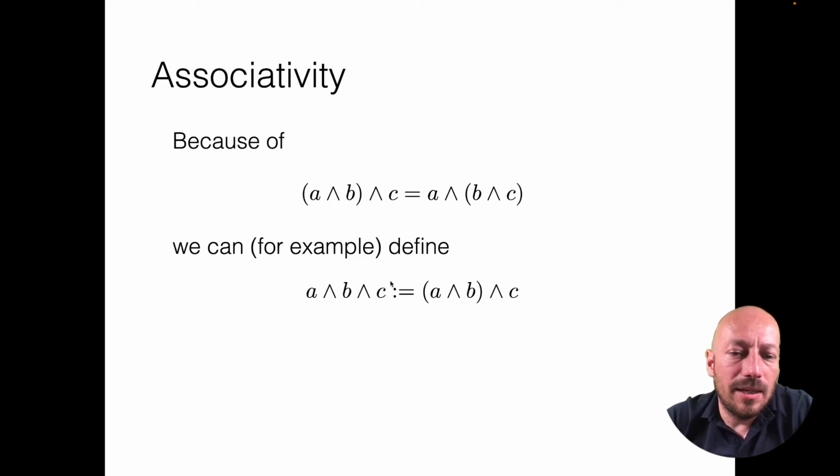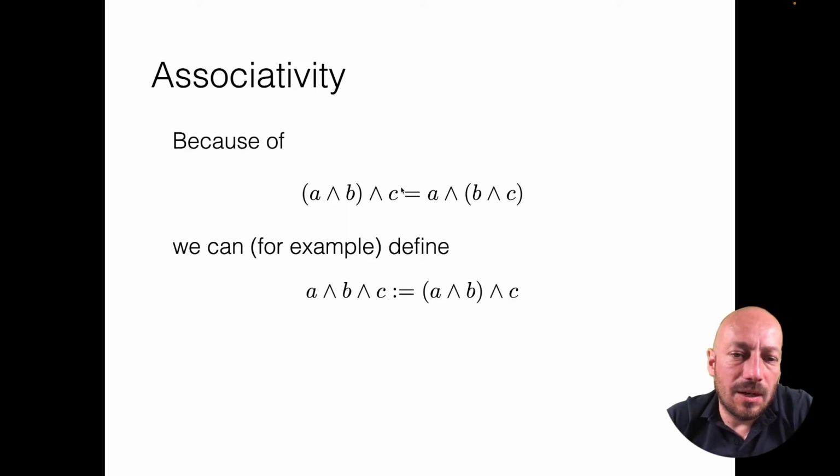And then it means if you have an expression like that, by definition, it's first of all this here, but because it has the same value as here, you basically can think of having either parenthesis here or here. And then you would say, actually, I don't care about the parenthesis if I just have AND operators.